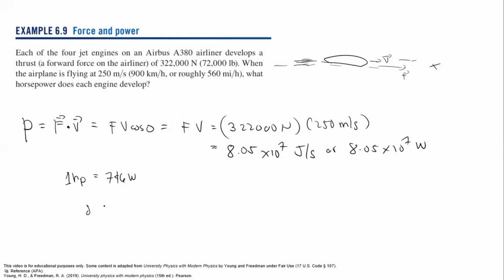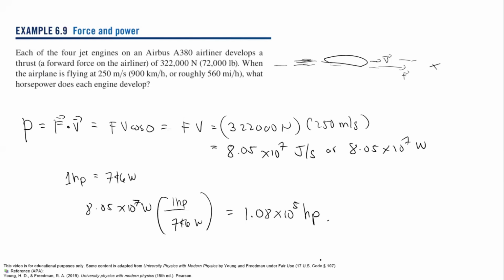To convert the 8.05 times 10 to the 7 watts into horsepower, multiply by 1 horsepower over 746 watts, so this is 1.08 times 10 to the 5 horsepower. That's the horsepower.